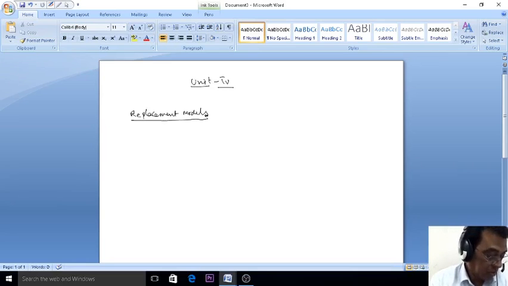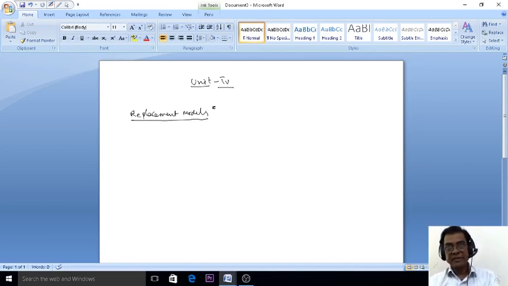Now, come to this point. First, the definition: what is the meaning of replacement? For example, if you want to purchase anything, like a fan or a bulb, there is warranty and guarantee, and there is a big difference between the warranty and the guarantee. For example, if you purchase a fan whose cost is, say, 2000 rupees, you immediately ask the shop owner, sir, I want some guarantee.